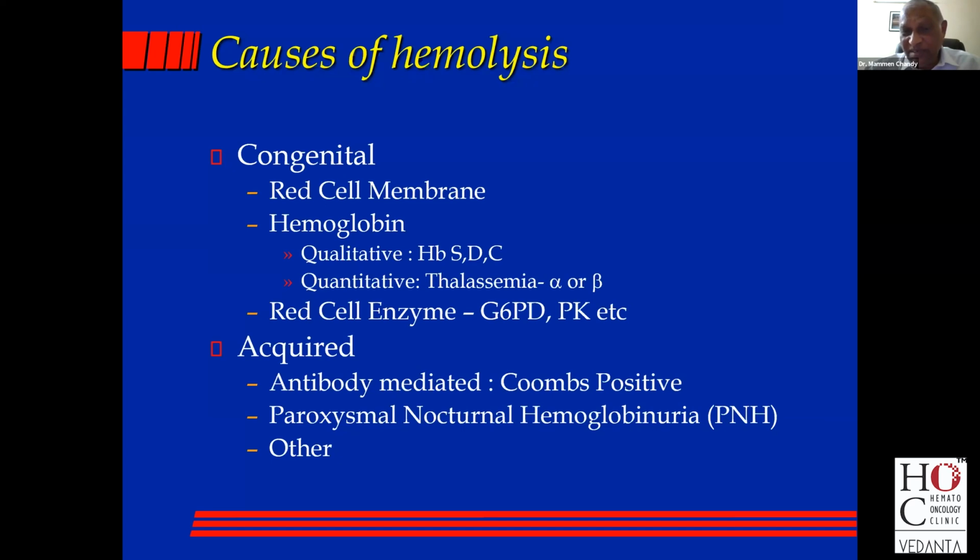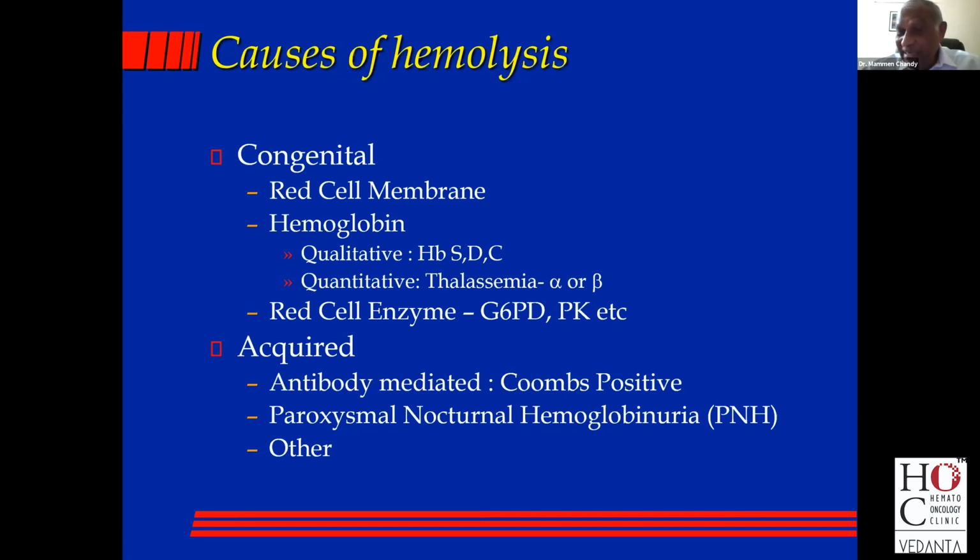Quantitative hemoglobin problem, thalassemia. One thing I want to tell you is that in a person with thalassemia major, there is no jaundice. Why is there no jaundice? Because the total hemoglobin produced is reduced in thalassemia. So there cannot be jaundice in thalassemia major.